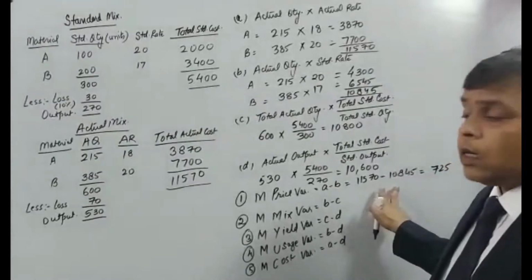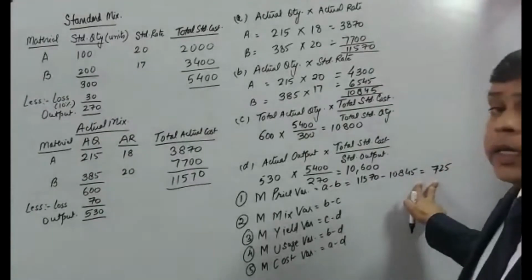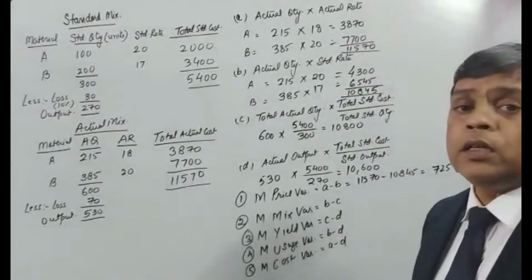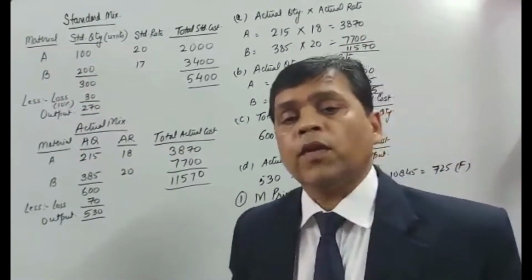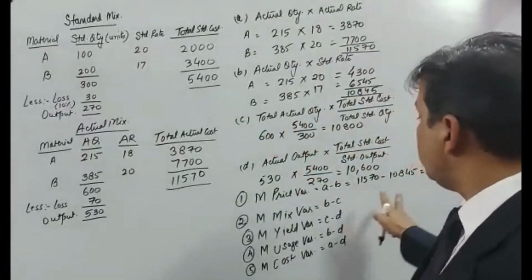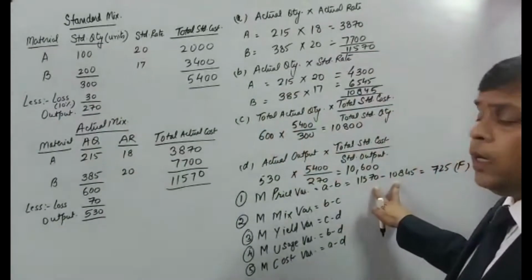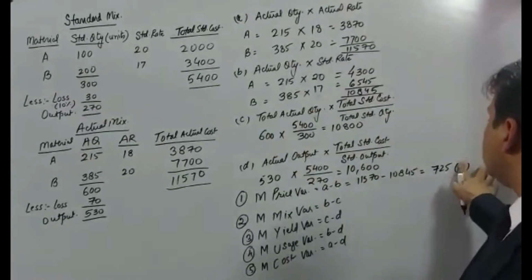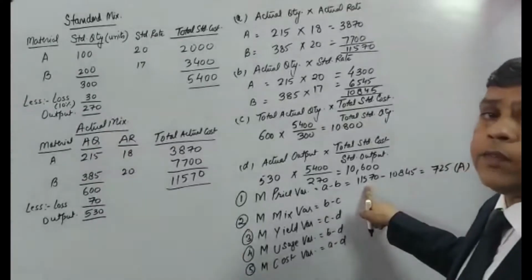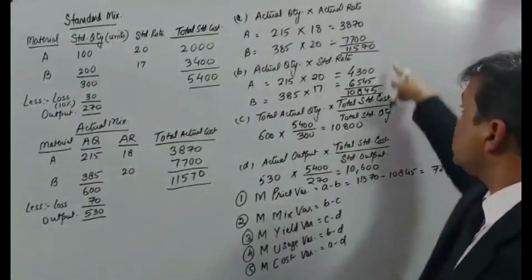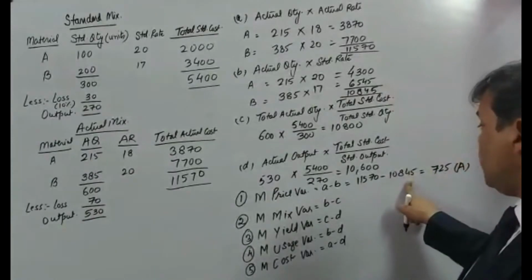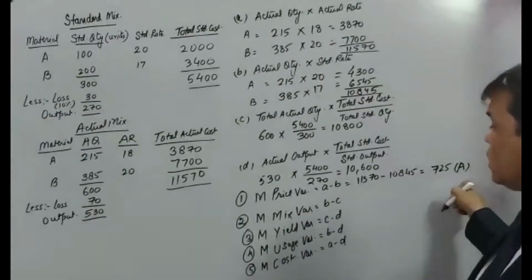If the answer is negative, it means the variance is favorable. As we are using the indirect method of calculating the material variance, in our methodology, if the answer is coming positive, it means the variance is going to be adverse. So here 11,570 minus 10,845 is 725, plus means adverse.